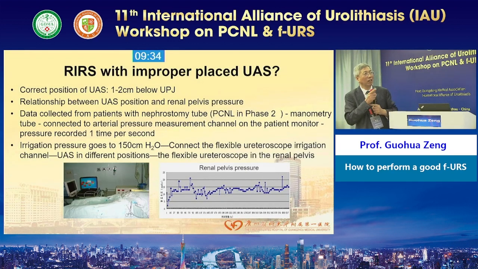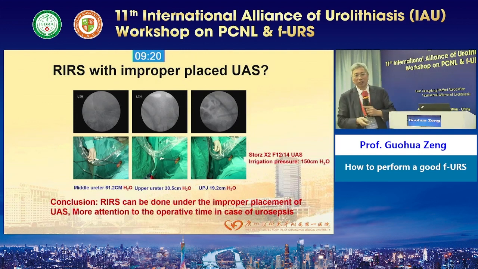And sometimes you see the correct position of the sheath is 1 or 2 centimeters below the UPJ. Sometimes you can put a needle, but maybe you can increase pressure. You see, the middle ureter is too high, while the upper ureter below the UPJ is very low.